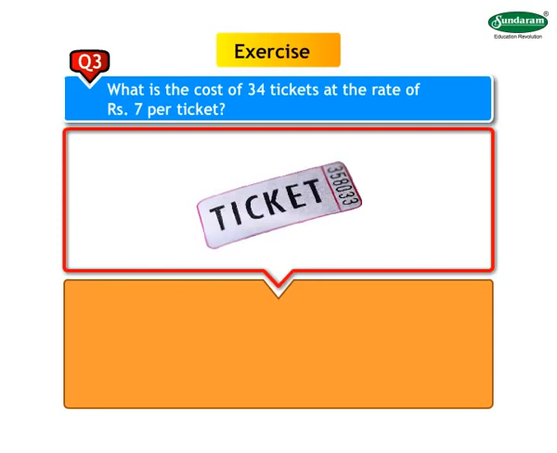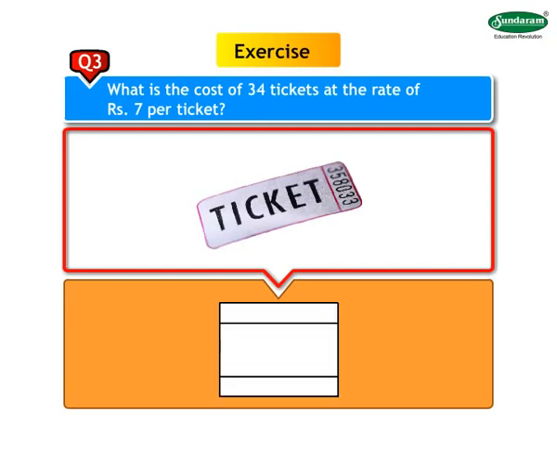We have to find the total cost of 34 tickets. Therefore, the total cost of 34 tickets is 34 multiplied by 7, which is equal to rupees 238. Thus, 34 tickets will cost rupees 238.